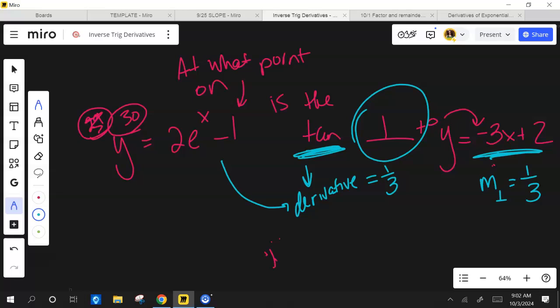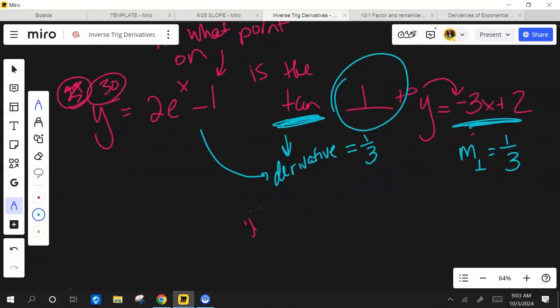After 68, which other one did we do? You cannot have those.